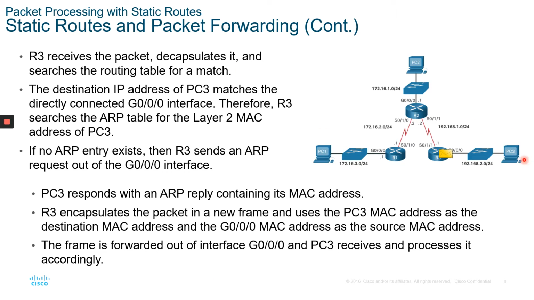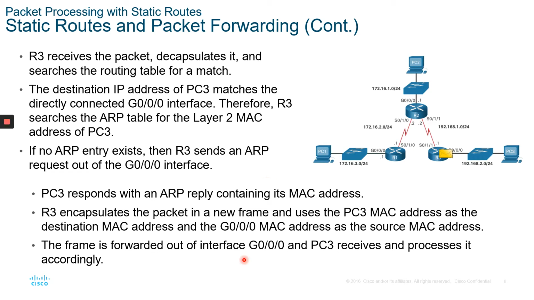In this case it is PC3. Because it's a directly connected device, for these sort of devices we use their MAC address to send that message to that particular device.